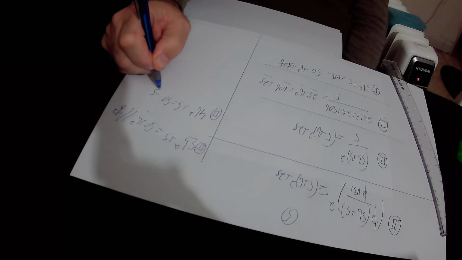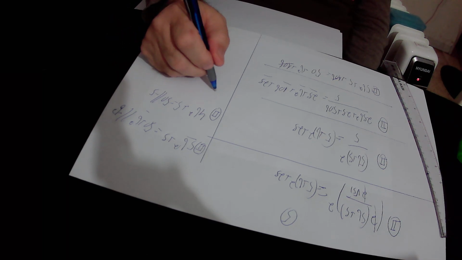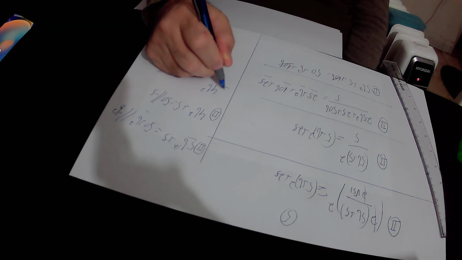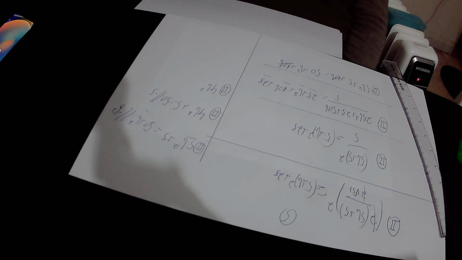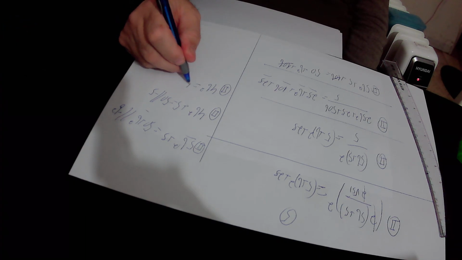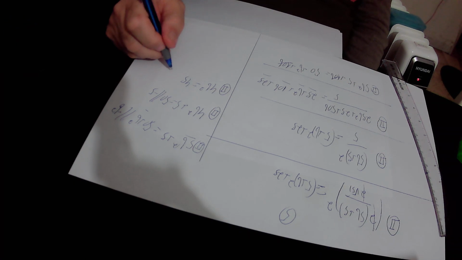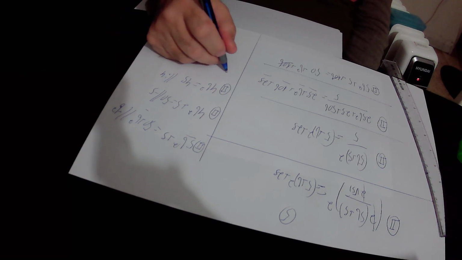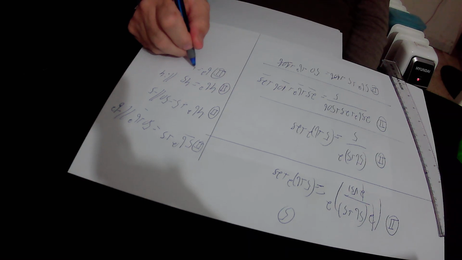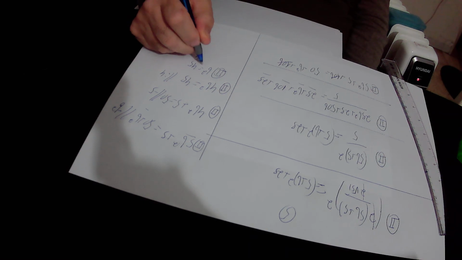Here we subtract 5 from the equation, and finally we get that 4b squared equals 50 minus 5, which is 45. We divide this equation by 4, and finally we get that b squared equals 45 over 4.